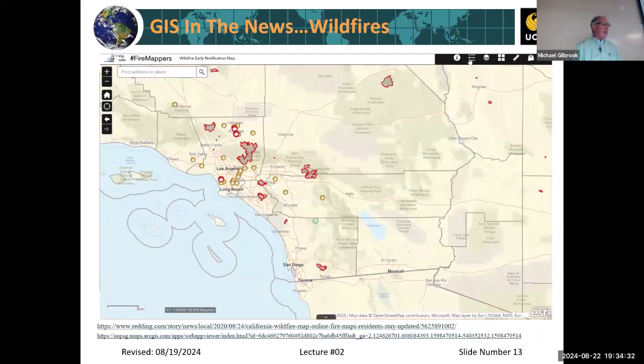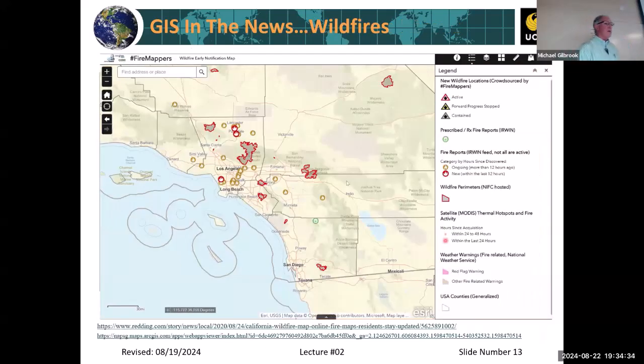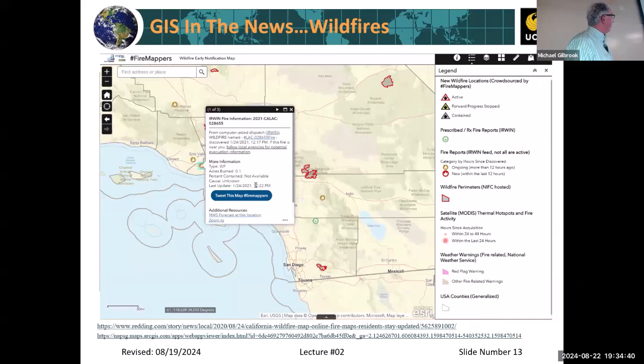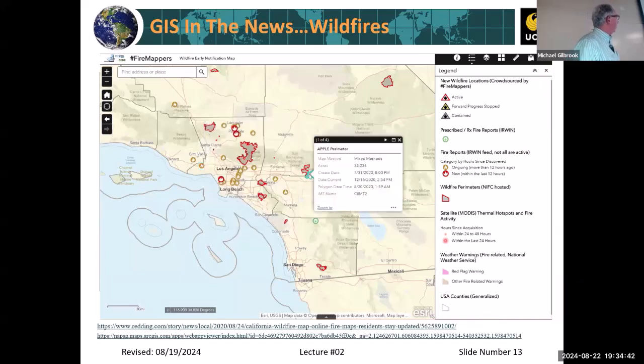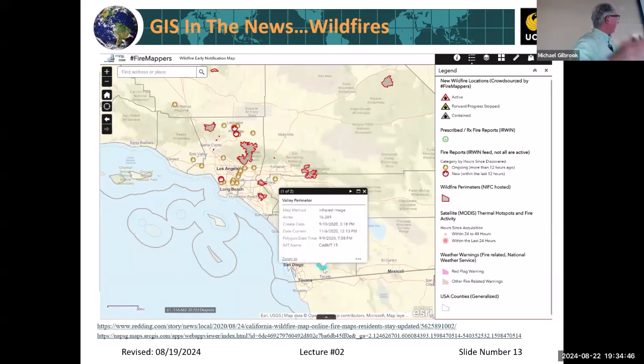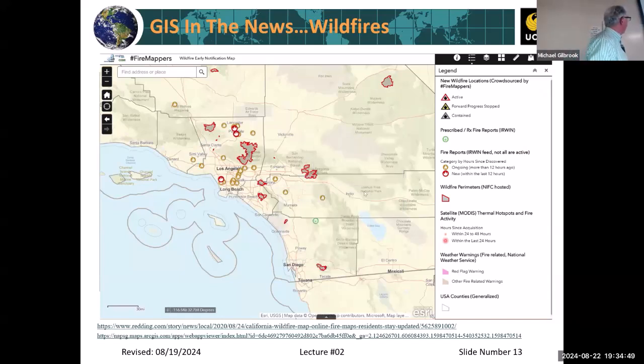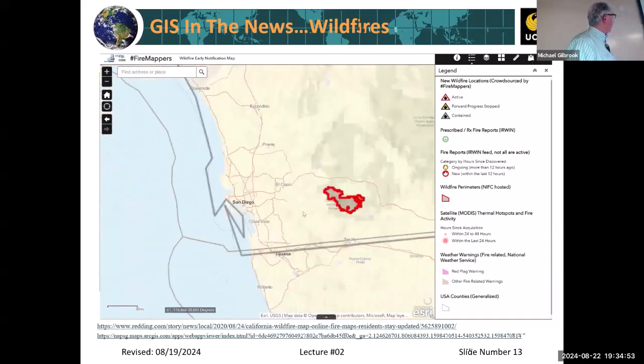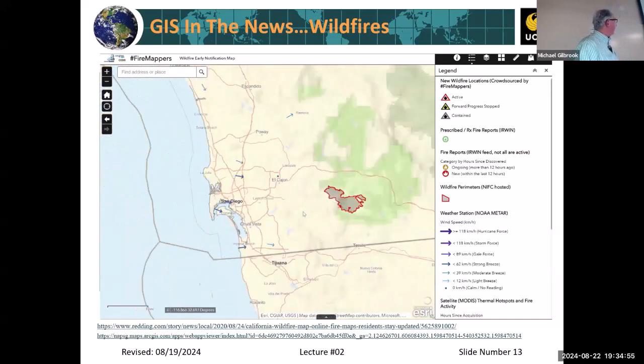As I mentioned a moment ago, wildfires are another important situation for using GIS. Here's a little video capture of using this interactive website to look at fires, getting information about each fire: what its status is, is it getting bigger, is it getting smaller? How big is it? How far is, for example, that fire from the city of San Diego?